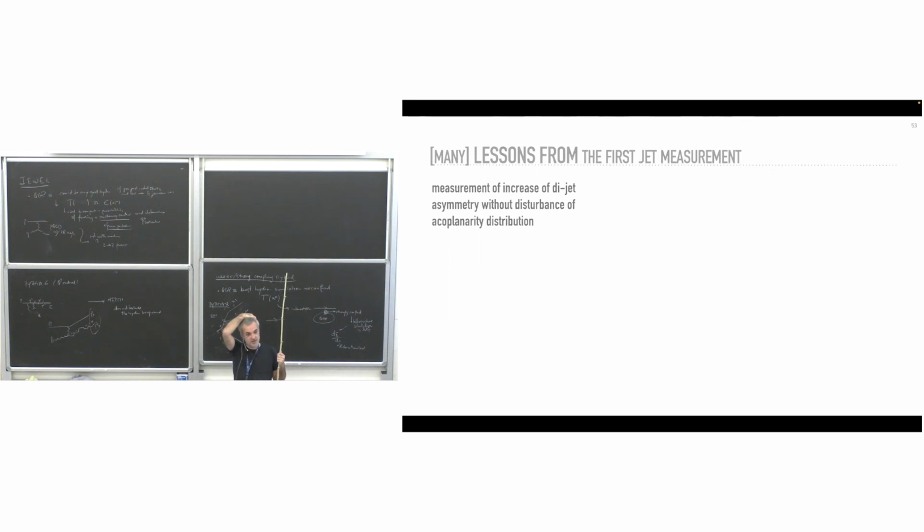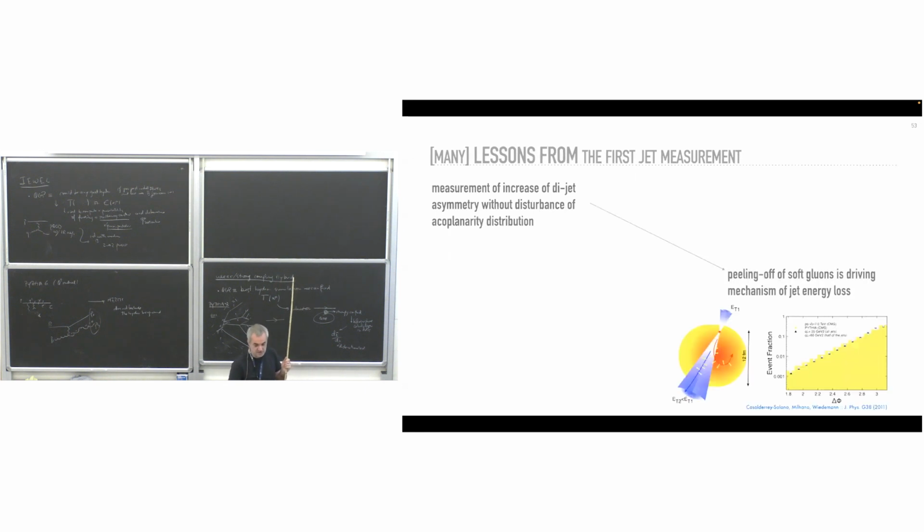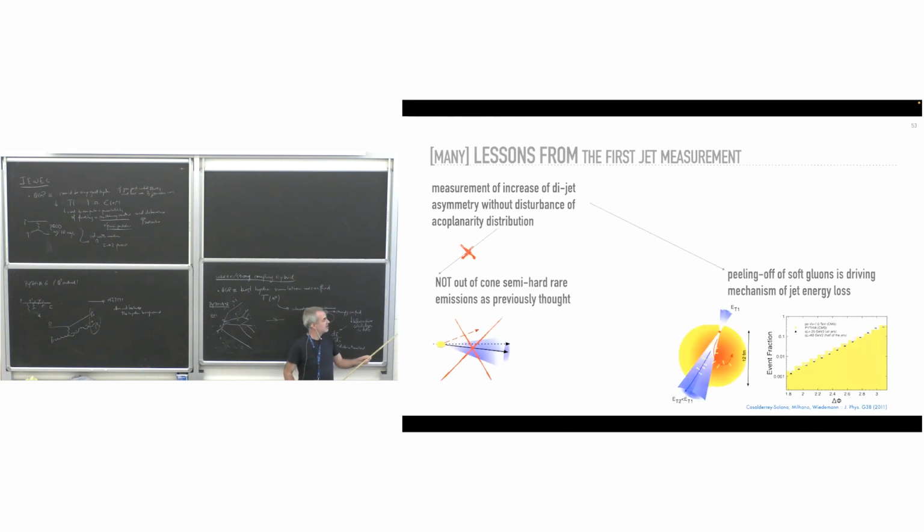If you radiate anything with any hardness, you should deviate your mother charge by momentum conservation. So first lesson is that the semi-hard rare emissions that are the driving mechanism for hadron energy loss are not the main mechanism for jet energy loss.